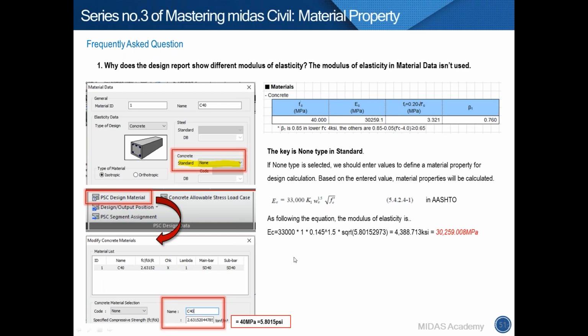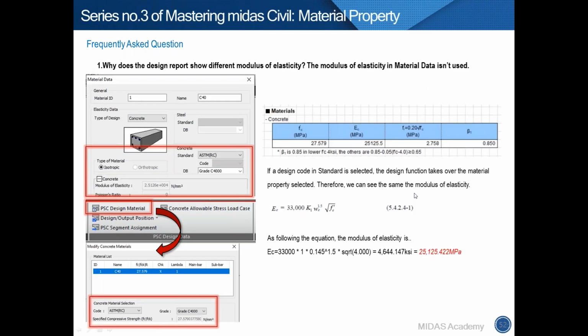So I followed this equation to calculate the elasticity modulus. I got handy calculation results the same as the elasticity modulus in the design report, like this. So this is another case to verify this issue.